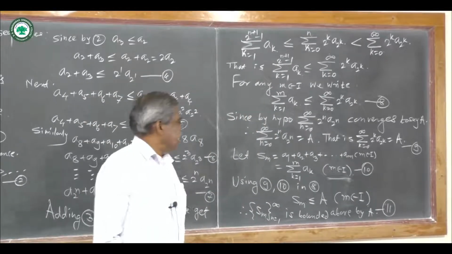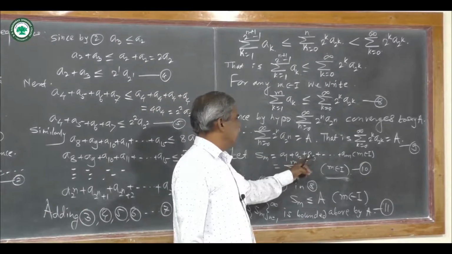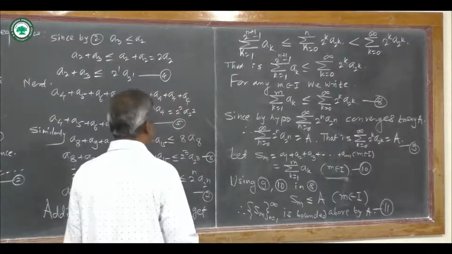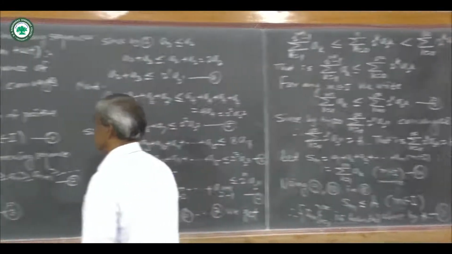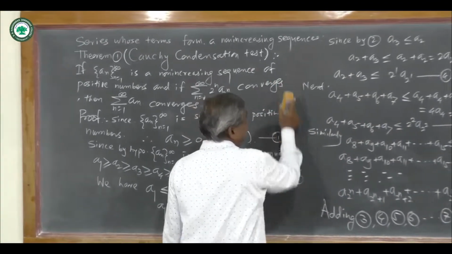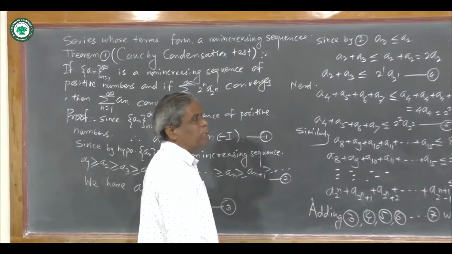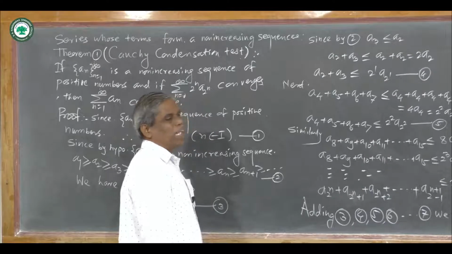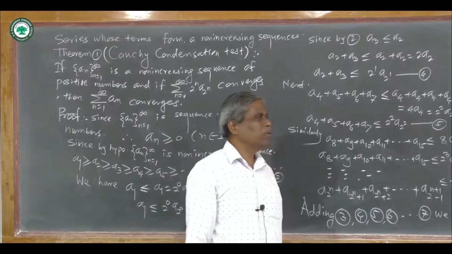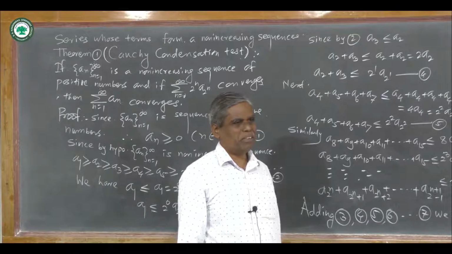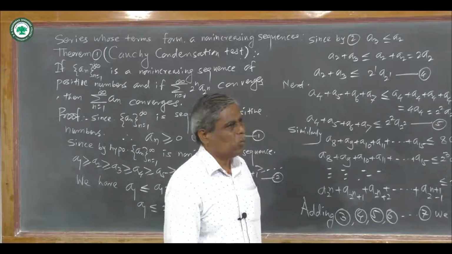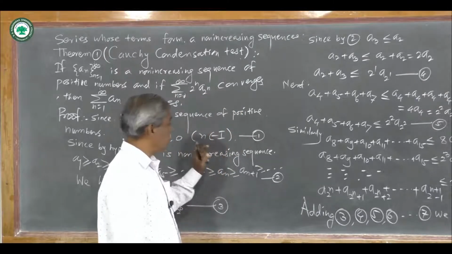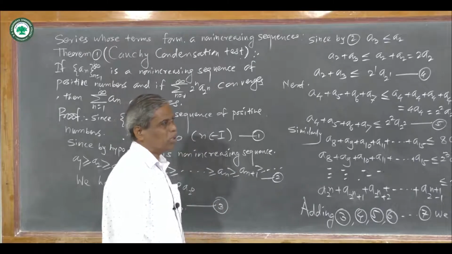Since Sm is equal to a1 plus a2 plus a3 plus and so on am for all m belongs to I, therefore Sm plus 1 is equal to a1 plus a2 plus a3 plus and so on am plus 1 for all m belongs to I. Sm plus 1 minus Sm is equal to a suffix m plus 1, which is greater than or equal to 0 by hypothesis 1.